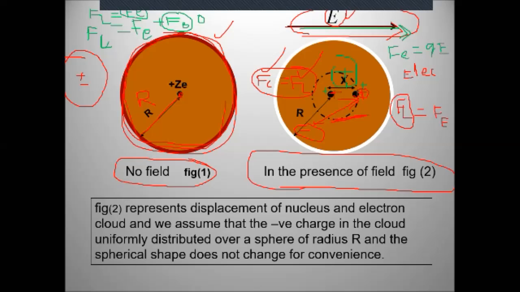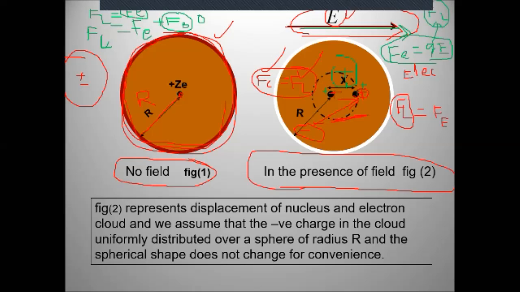You saw this equation in the video. This electric force is nothing but the Lorentz force FL. Now this Lorentz force is equal to the Coulomb attractive force.